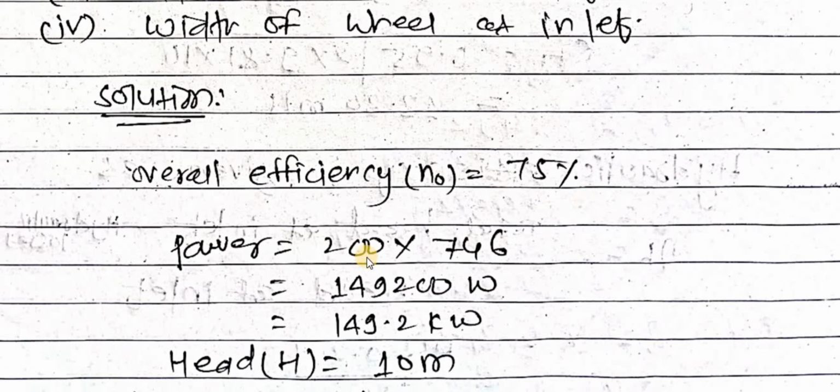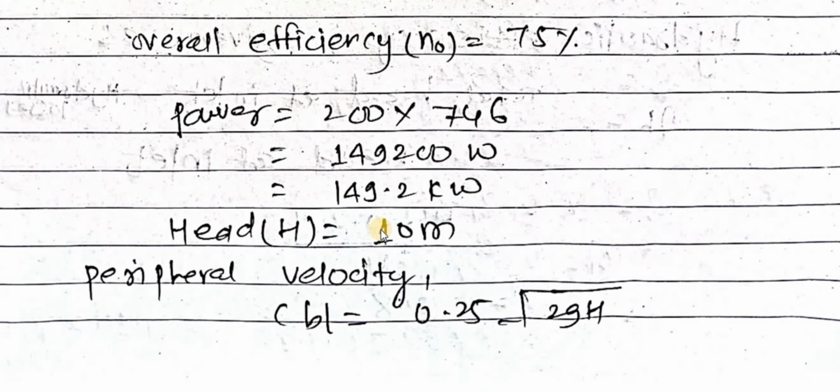Power is 200 horsepower. So we multiply the power by 746, and by multiplying this we get 149200 watts, and dividing by 1000, that is 149.2 kilowatts.